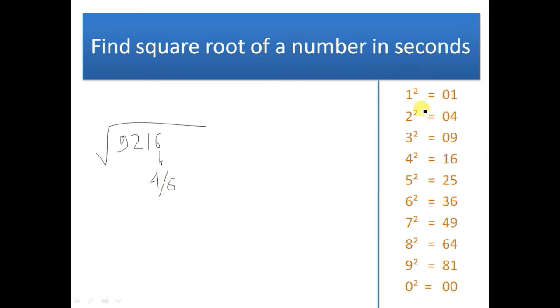The square of the digit 4 and the square of the digit 6 both end with 6. So the answer is going to end with 4 or 6. We will decide soon which of these is correct, but let us leave this for now.